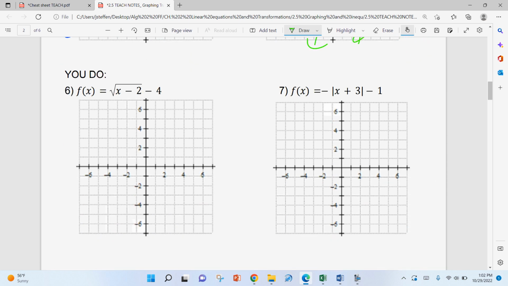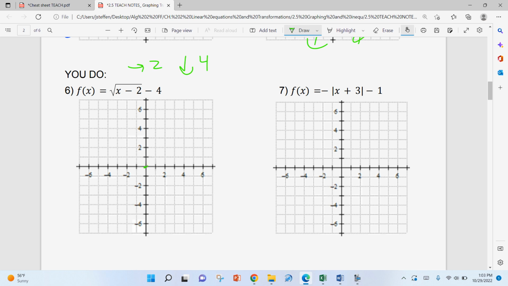So I wouldn't stress too much about those. Do these on your own, hit pause, do these on your own, hit play, and then look at the answers. So for this one, we are going to the right 2 and down 4. And that's the most common thing. Obviously, I'll put other ones on the test, but the most common thing is just doing left, right, up, and down. If you know that, you'll probably pass, or you'll do okay on this section.